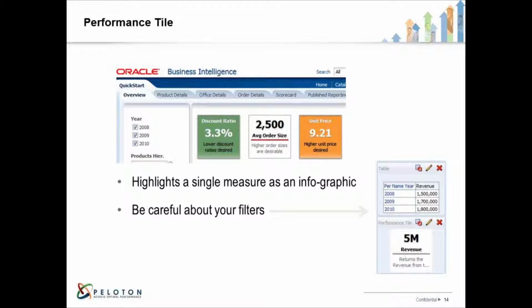But if you're not careful about your filters, you may be sending an incorrect message here. You see this example where multiple years may be hiding behind an aggregated measure, and it wouldn't really be apparent to the consumer of that information unless you somehow indicated that. So interesting stuff, very simple in concept and very easy to try out.